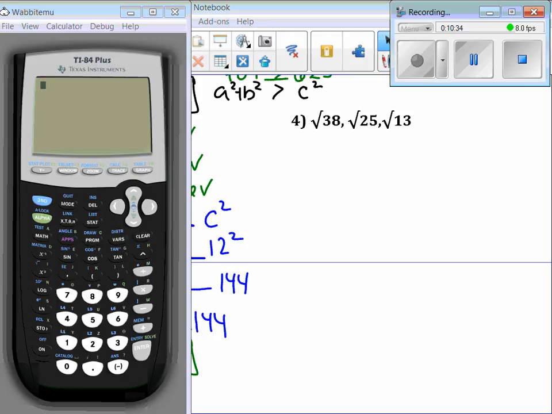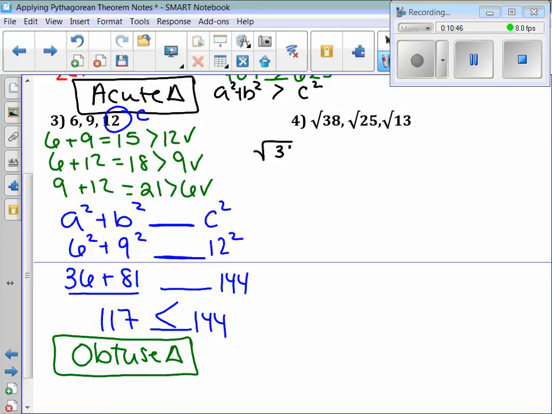All right, so first thing we need to do is figure out, can this form a triangle? So in your calculator, we want to look at all the options. We have the square root of 38 plus the square root of 25, which we know is just a 5.